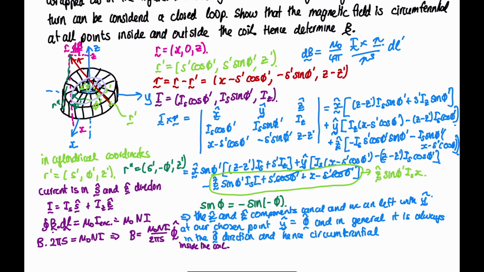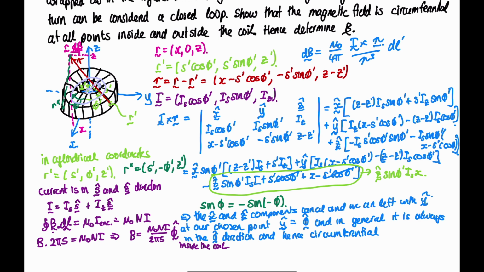Now, if I imagine taking a smaller loop like that, then I've got 0 enclosed current. So this part here is 0. So it's going to be 0 like in the middle of the toroid.